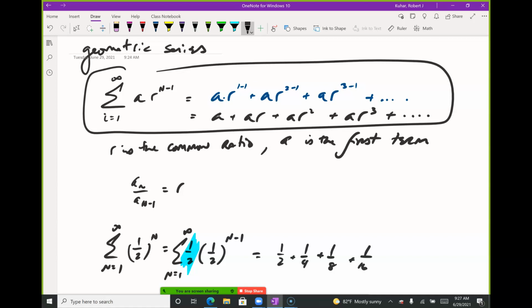There's a factor of 1/2 in everything, right? And in this box, there's a factor of a in everything.